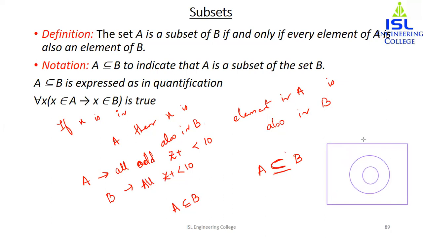Over here, if A is a subset of B, then the inner circle is A and the outer circle is B, and this is our universal set. That means over here A is all odd positive integers and B is all the positive integers.